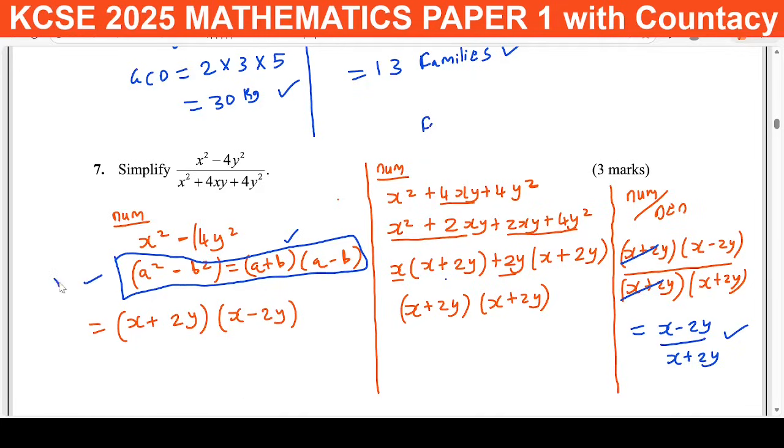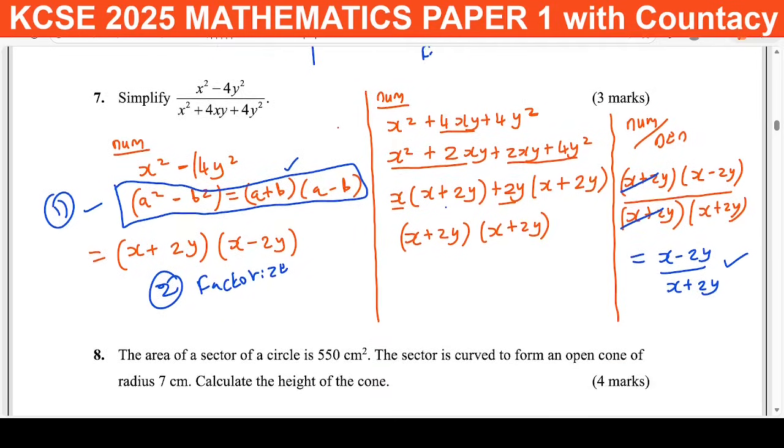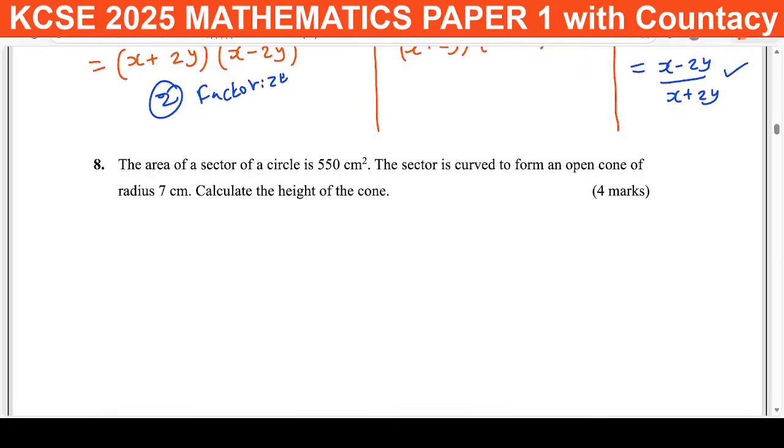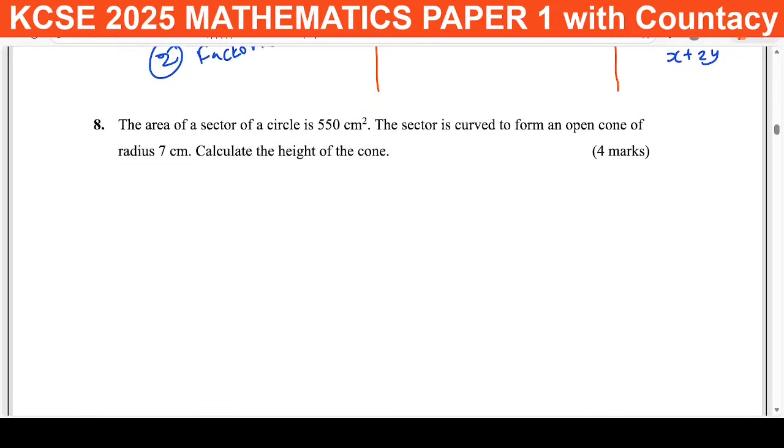So this is the first thing, and the second thing is how to factorize. If you can master those two things, then you've really mastered how to work out such a question. So let's keep going and see the next question. I believe it's a nice one for our practice.